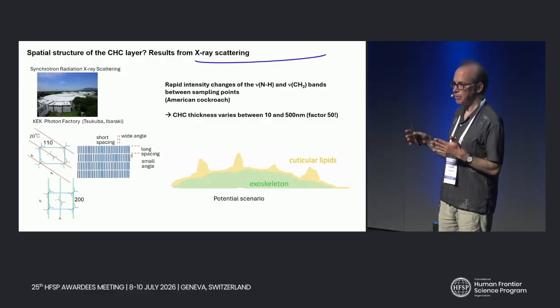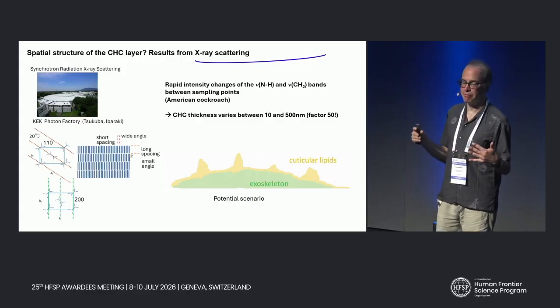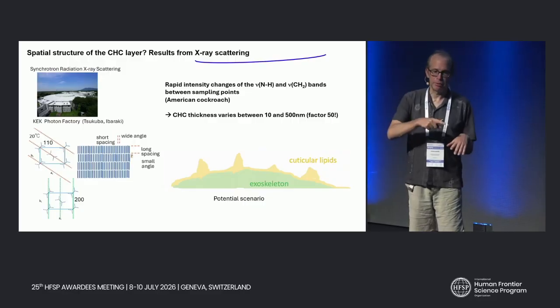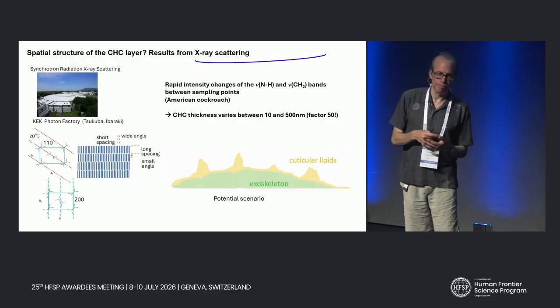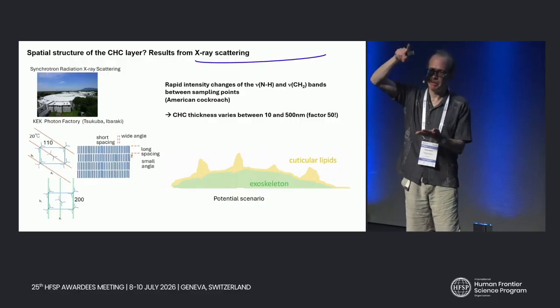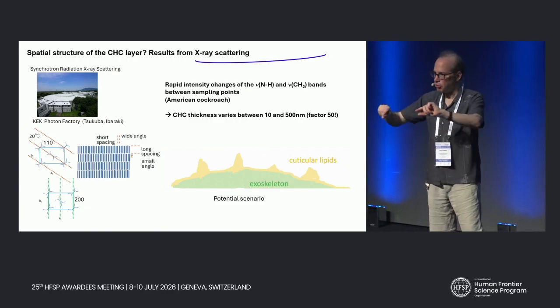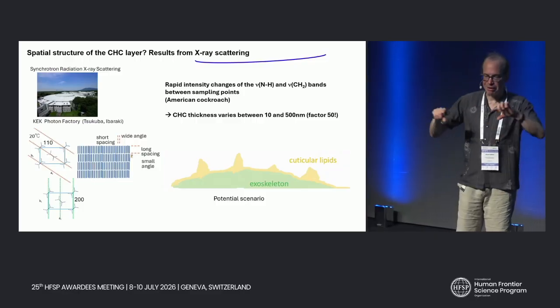That's a factor, so the thickness varies by a factor of 50. I think that's quite impressive. And this is a potential scenario where it's possible that we have sort of these mountains of CHCs connected with much lower layers, valleys of CHCs.